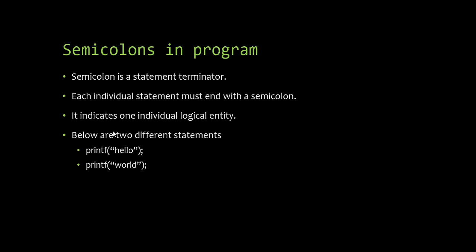It indicates one individual logical entity that is executed in your program. If you have two different statements like printf("hello") and printf("world"), both are separate printf function calls ended with a semicolon, so these are two different statements.